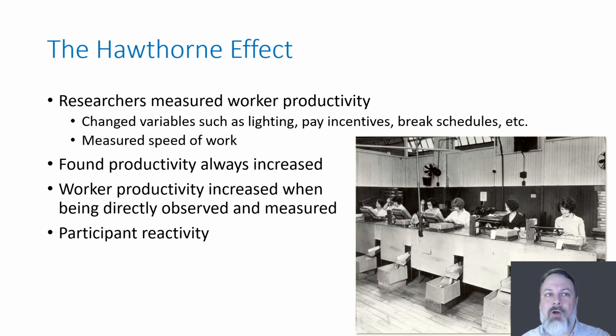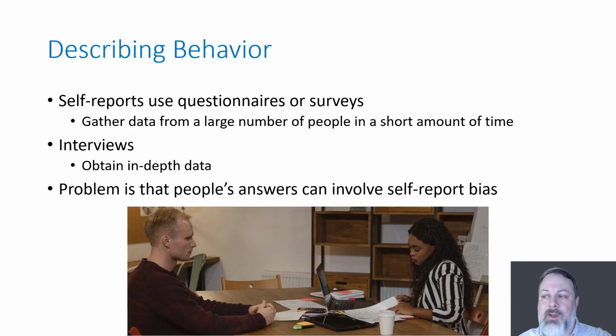So we called this the Hawthorne effect, because that was the name of the place where they were doing all these studies. Basically, when people know they're being observed, they can behave differently. So we have to be very careful of this when we're doing some type of observational study.